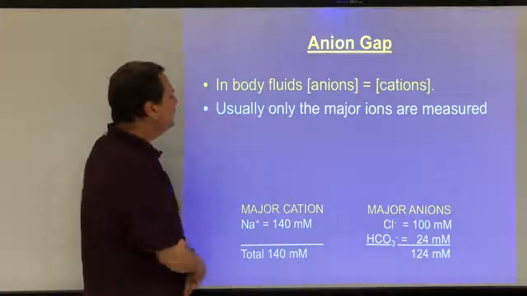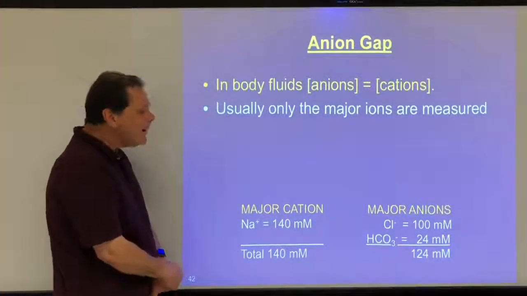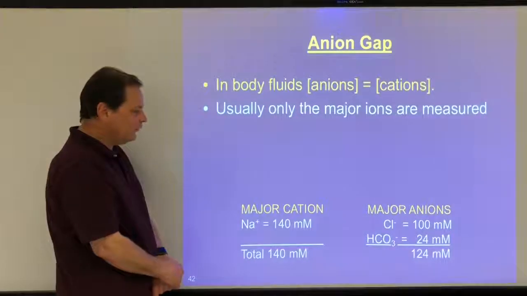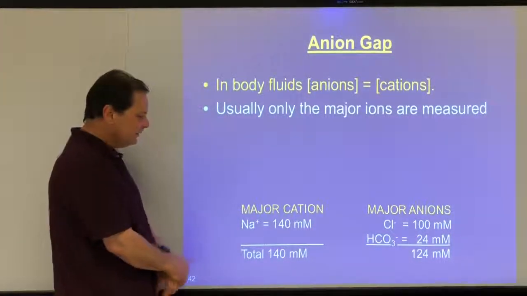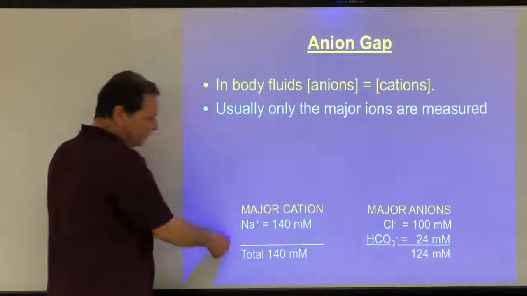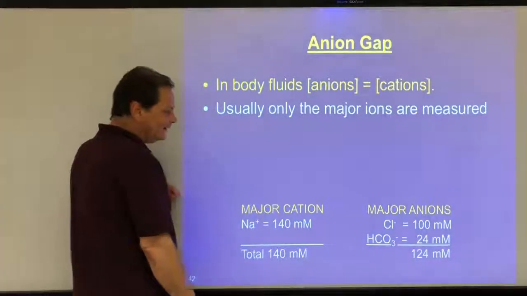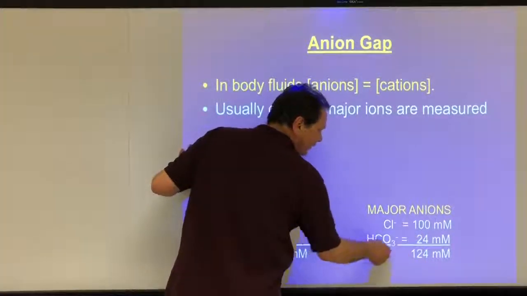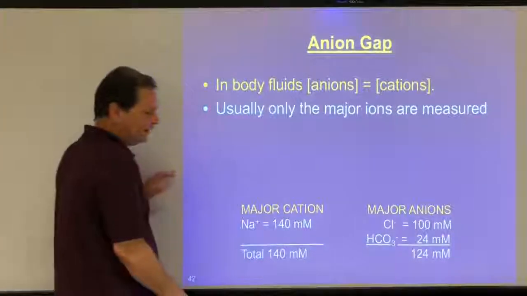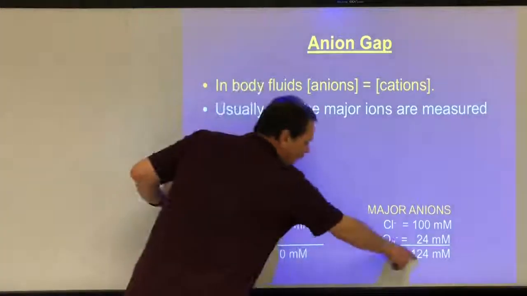Now, usually when we measure cations and anions, we're only measuring the major ones, the ones that have a high concentration. The major cation is sodium, and the major anions are chloride and bicarbonate. When you add the anions up, you get 124.